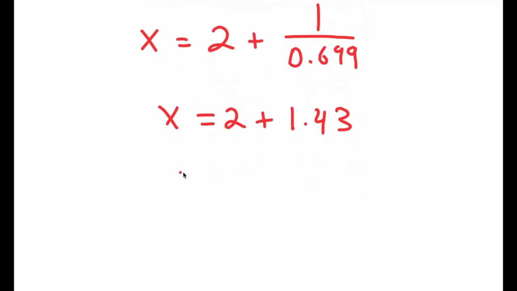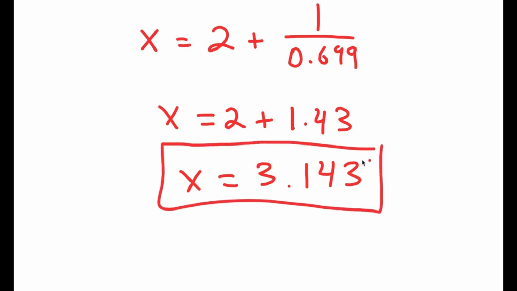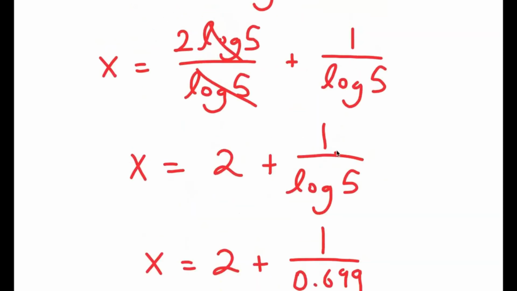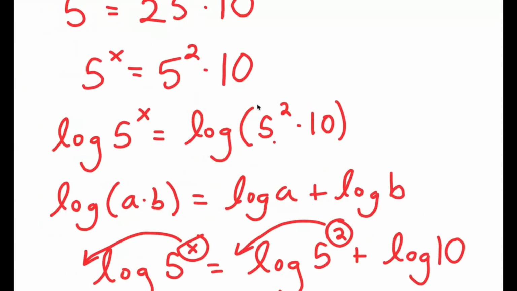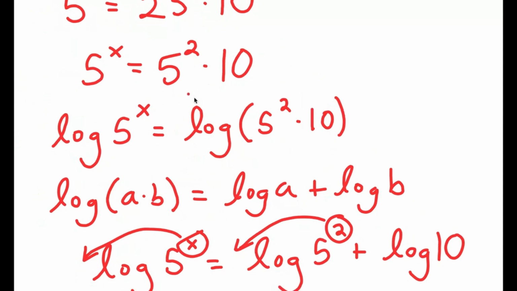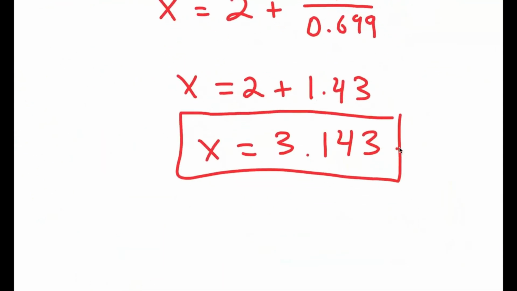So 2 plus 1.43 is 3.143. So I get x is equal to 3.143. And this is my answer to this problem. And remember how we already said that x was going to be somewhere in between 3 and 4. So this proves us right.